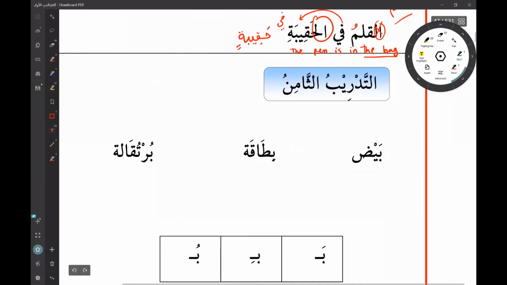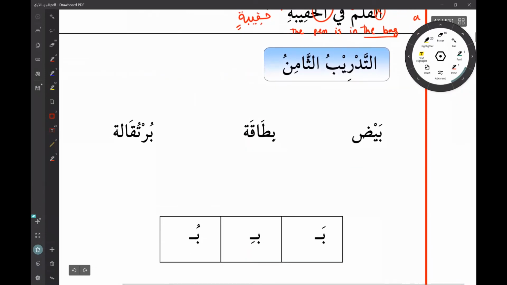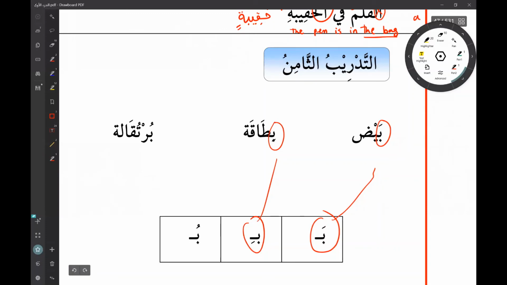So again, we have Tadrib al-Thamin, the eighth exercise they give you here. I think it's showing you different harakat with the ba. So the first one starts with baid, with the fatha. The second one starts with kasra, bitaqa, right? And the third one starts with dhamma, which is burtuqal, right?